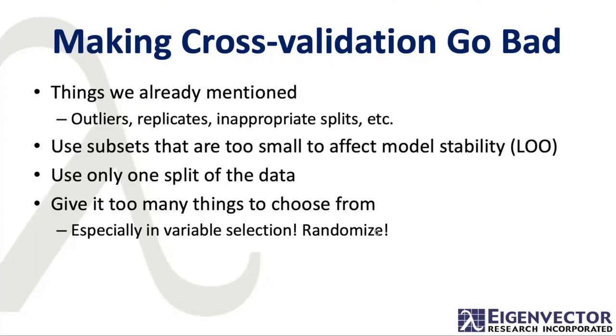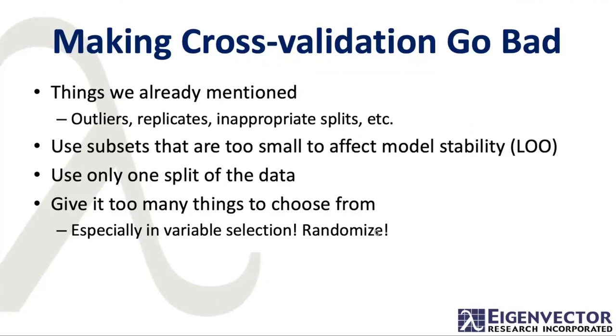But a really good way to make it go bad is to give cross-validation too many things to choose from. And that is, if you try too many different things with your data, like hundreds of different pre-processing methods, then you can possibly find something that seems to cross-validate well that really doesn't generalize. This is especially true in variable selection, when you really ought to randomize your cross-validation.